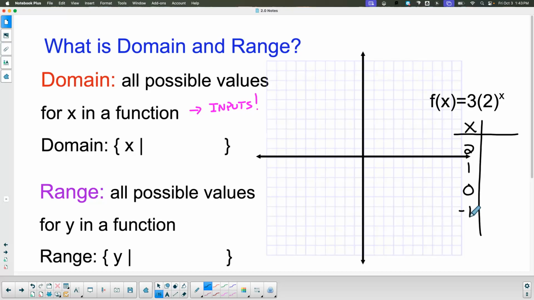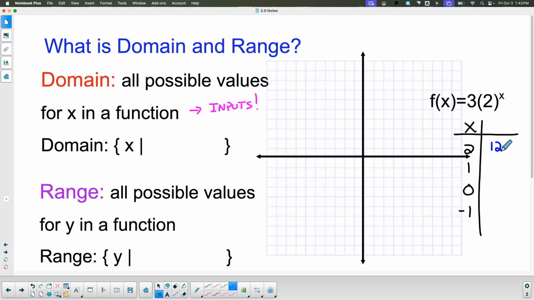Okay? So the domain of this function, as we have it written, would be from -1 to +2, because that's all of my x values that I have in there. Okay. Then we plug in those numbers. 2 squared is 4, times 3 is 12.